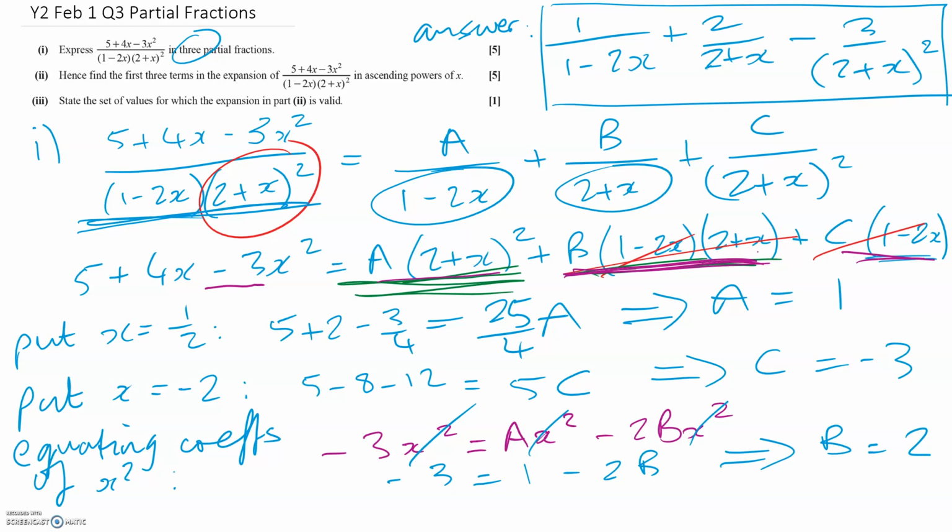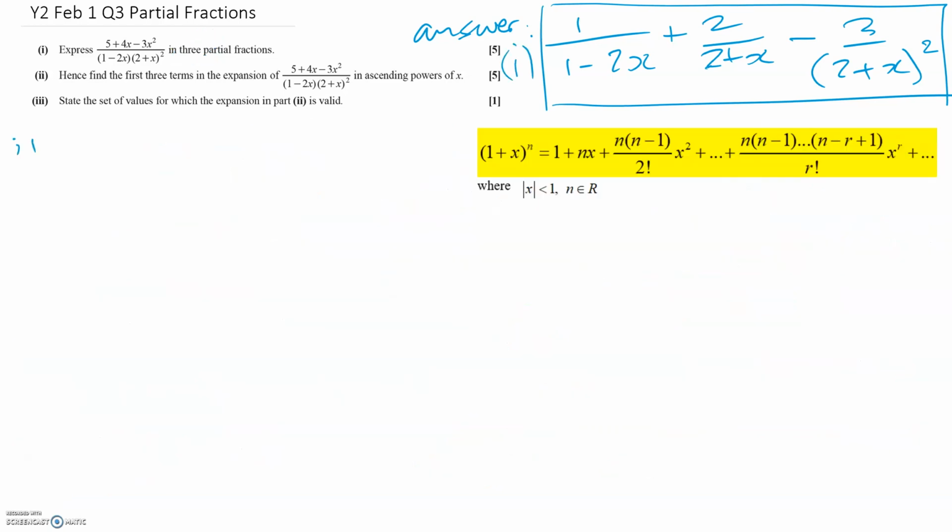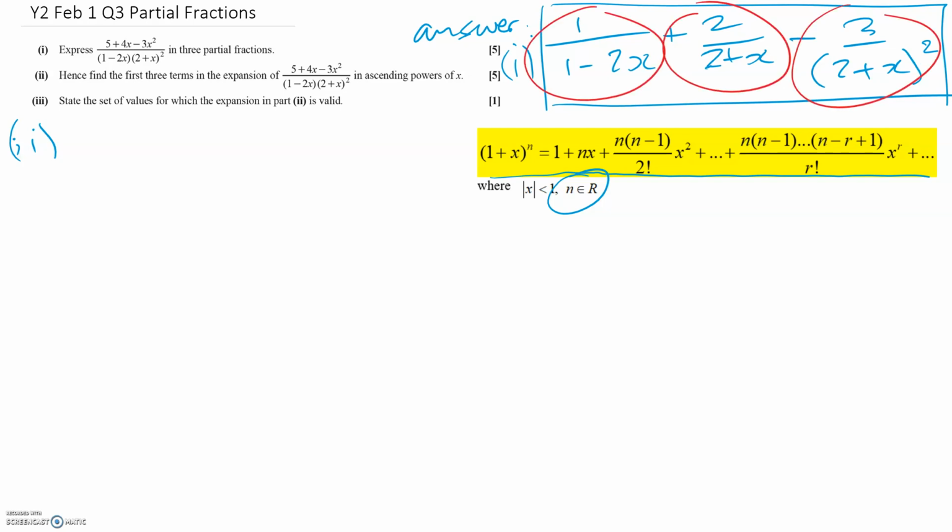We're going to need to use that for part 2, I would imagine. In part 2 we're going to need our previous answer, and we're also going to need this formula over here, the binomial expansion, because this formula works for all values of n. So we need to take each fraction separately, do the binomial expansion, and then add them all together.